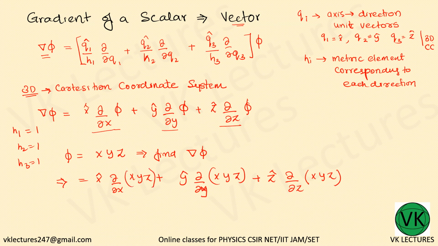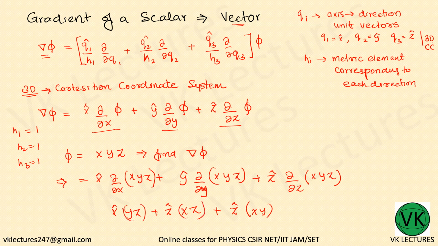Now this is a partial derivative. So dou by dou x of xyz means yz. So x cap into yz plus y cap into xz plus z cap into xy.